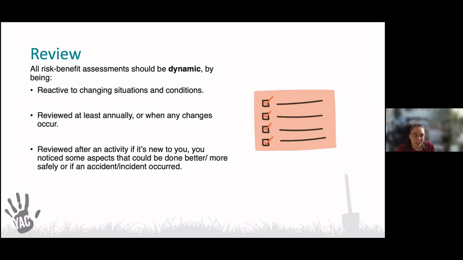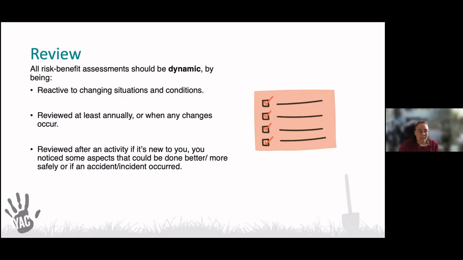And if it's a new activity to you, or you've noticed something like a near miss, and a near miss is something where some harm could have been done. It is literally a near miss. It could have been harmful to them, but thankfully it wasn't. But it was because the controls weren't being implemented or weren't quite right.